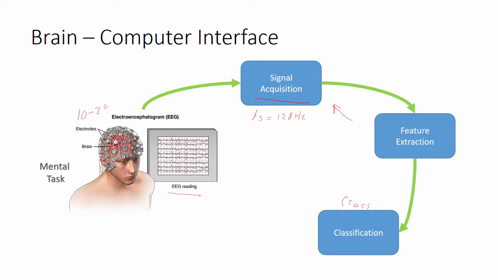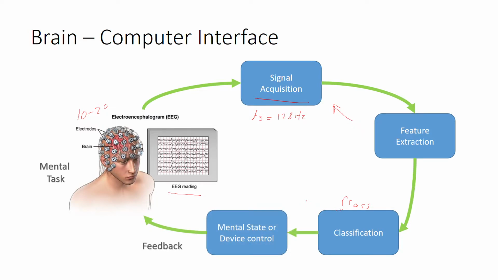Why are we going to classify the features in this case? Well, because sometimes the final application is not only to identify the mental state. Maybe you want to control a device such as a prosthesis, or a robot, or maybe if you're a video game gamer, let's say, you want to control the video game by using your brain.